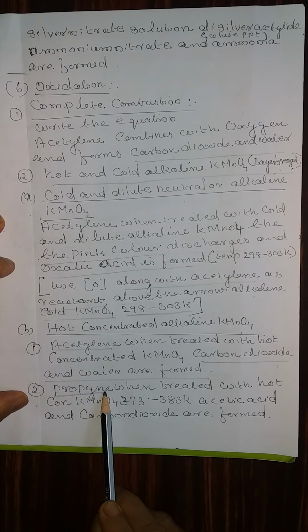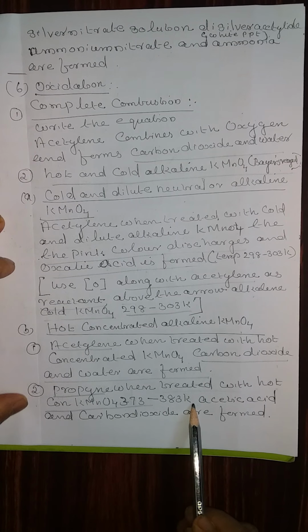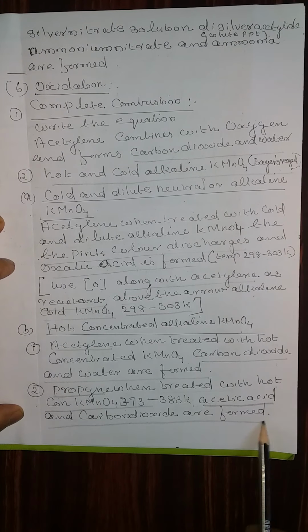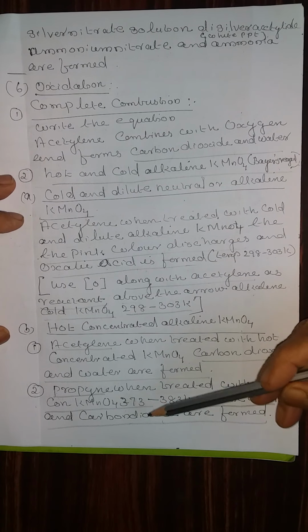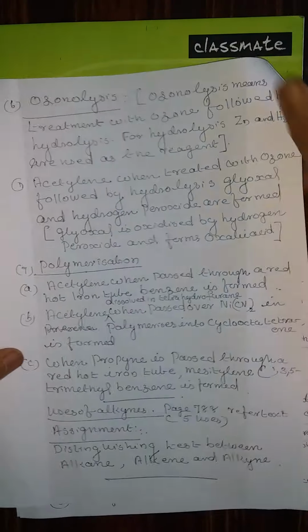Propyne, that is another alkyne, when treated with hot concentrated KMnO4 at 373 to 383 Kelvin, acetic acid and carbon dioxide are formed. Follow the same systematic way of writing nascent oxygen along with the reactant and writing the condition above the arrow.